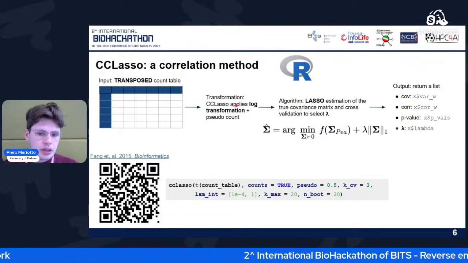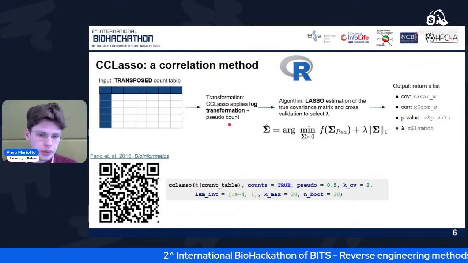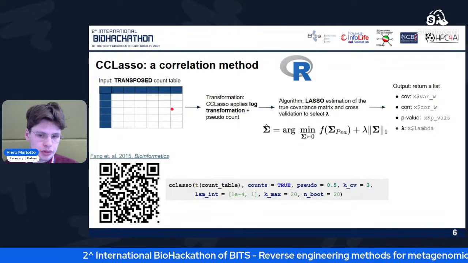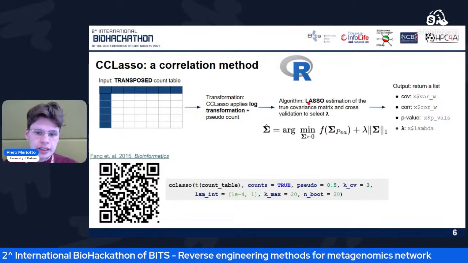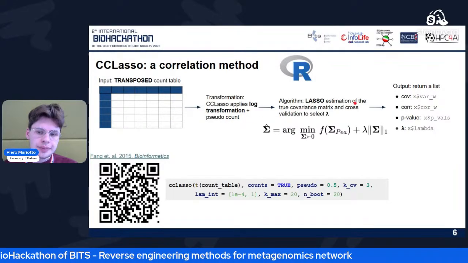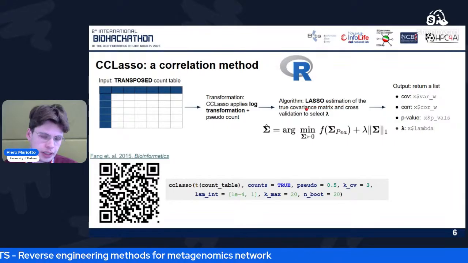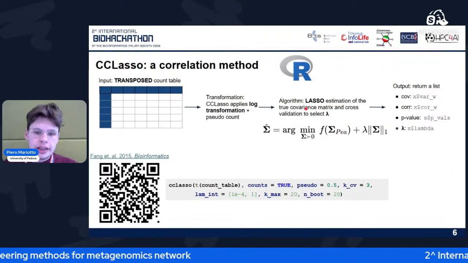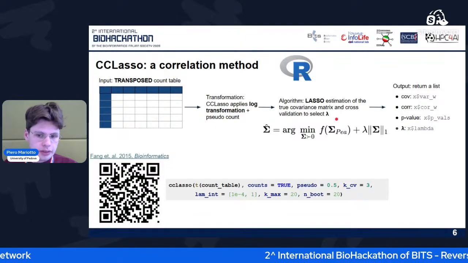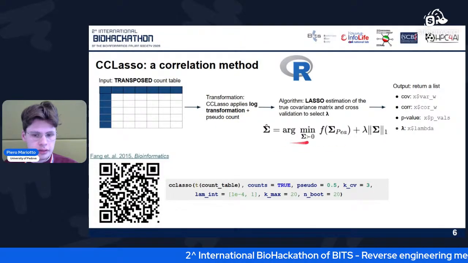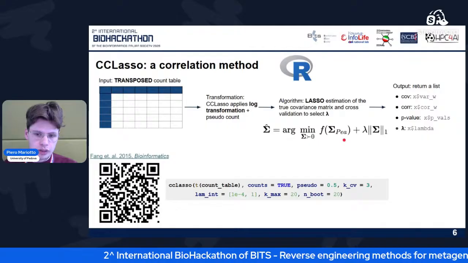Then CCLasso applies a log transformation plus a pseudo count to the input table. And then it applies a lasso estimation of the covariance matrix of the variables, and it also selects the optimal regularization parameter lambda. Very quickly, this is, I would say, a very schematic formula of what CCLasso does.